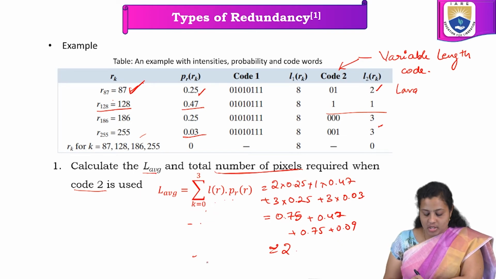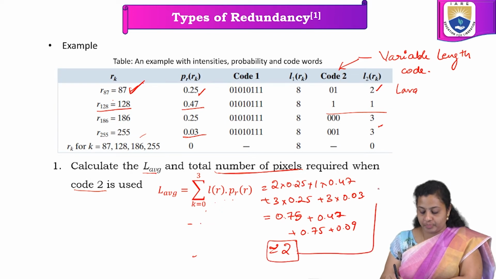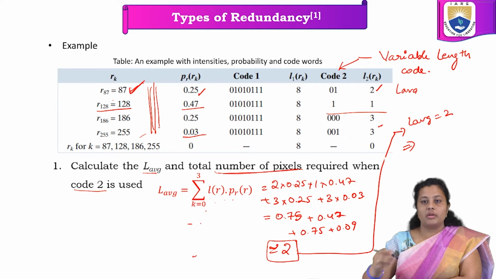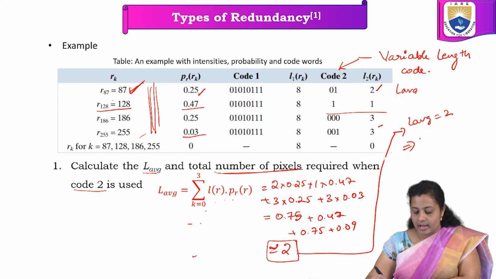So if L average is equal to 2, it means that to represent our total number of pixels, we require m cross n into L average.